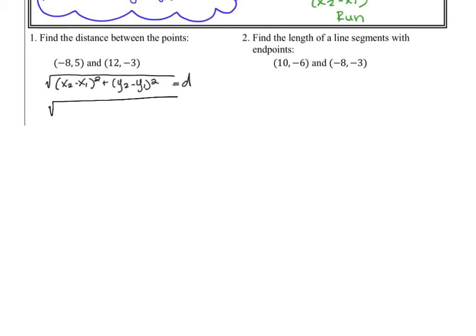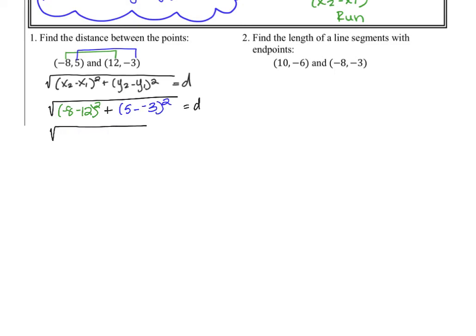So if I'm subtracting my x's, that would be -8 minus 12 squared. And then I'm going to subtract my y's, which would be 5 minus -3 squared. And that's equal to d.